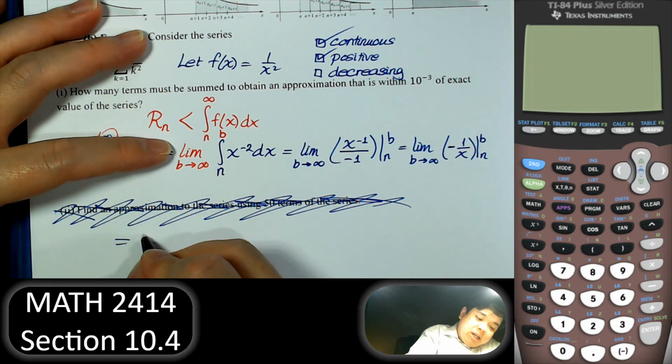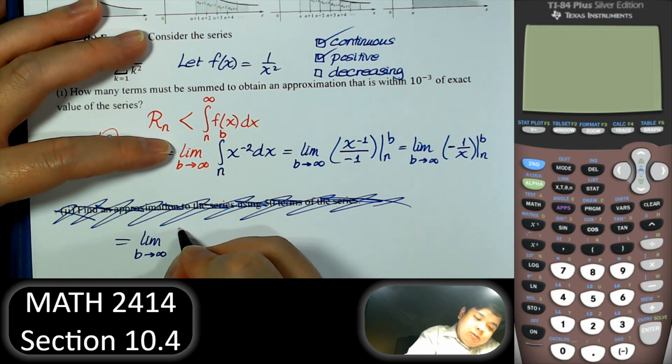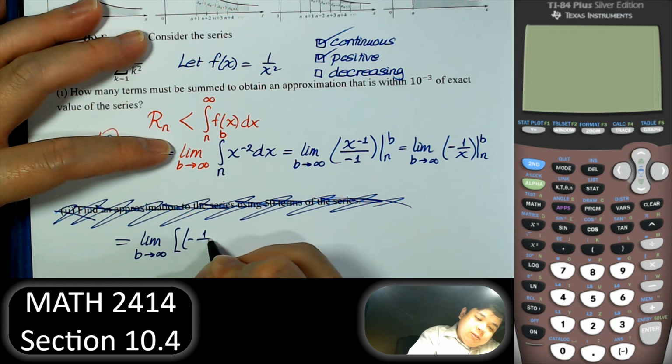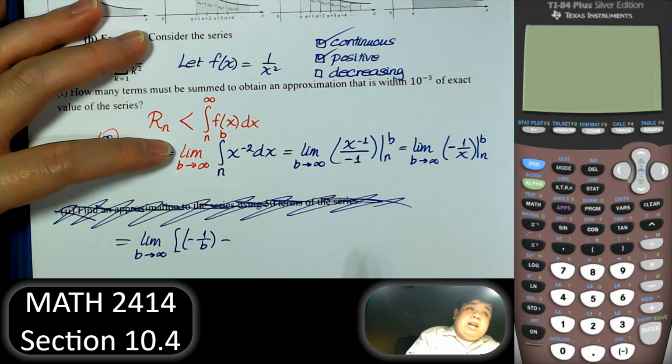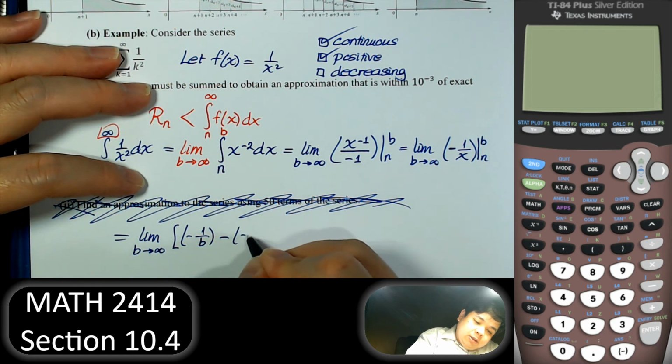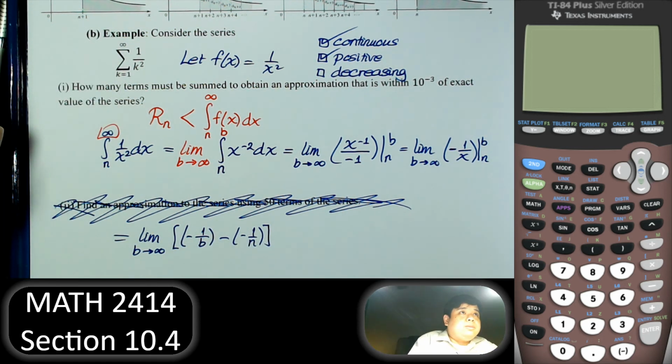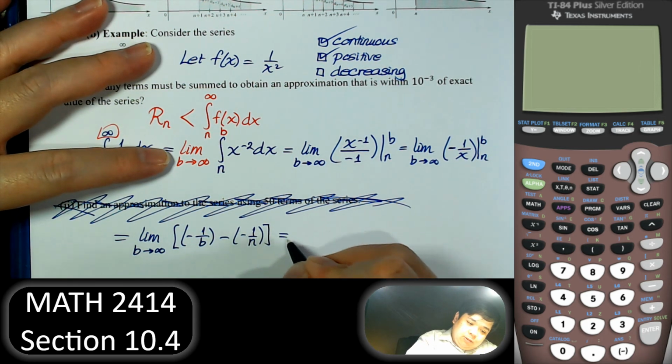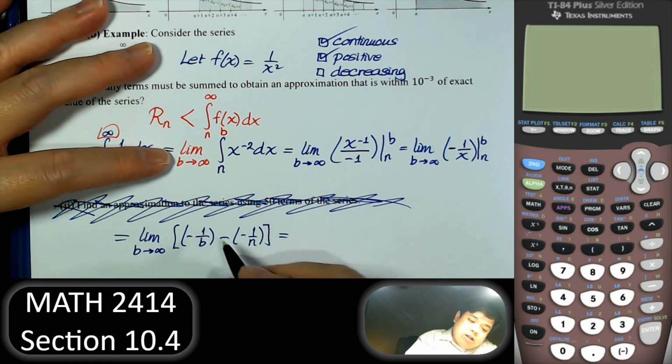Now put in b and then put in n, and that cancels out.